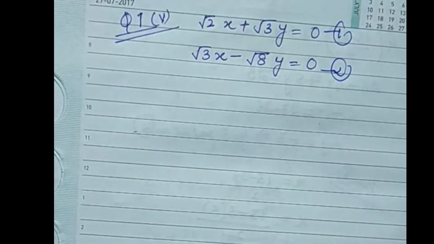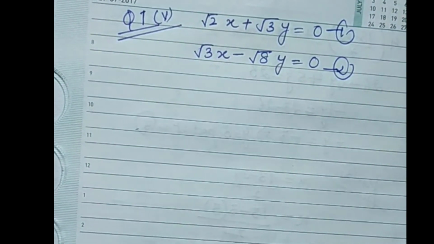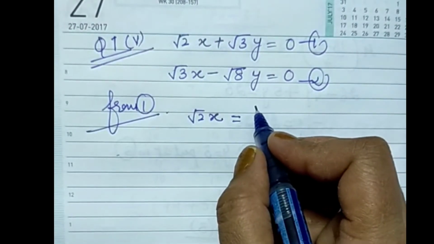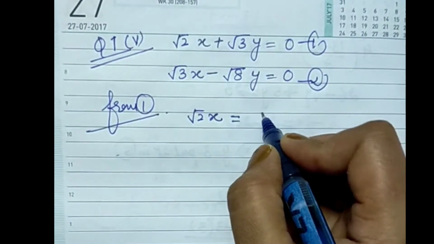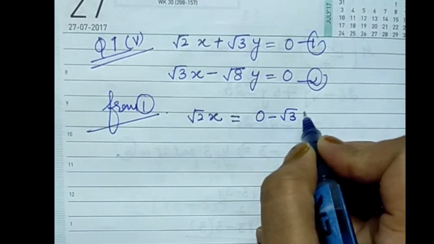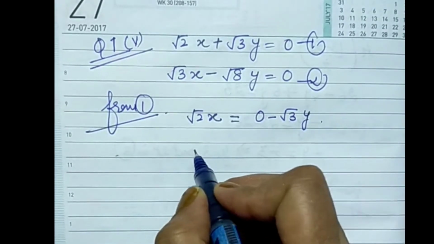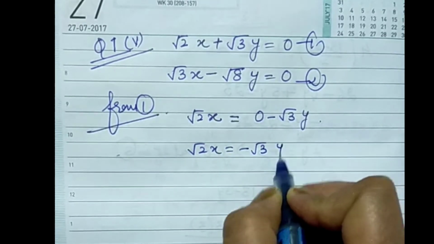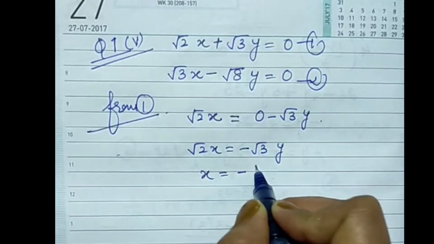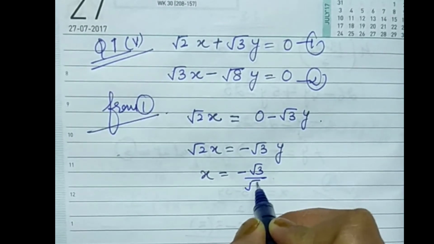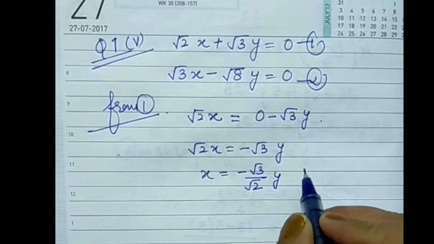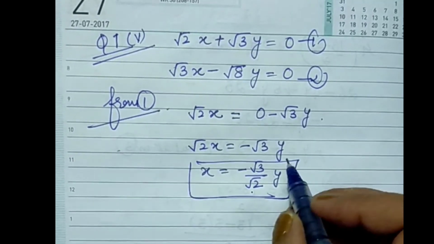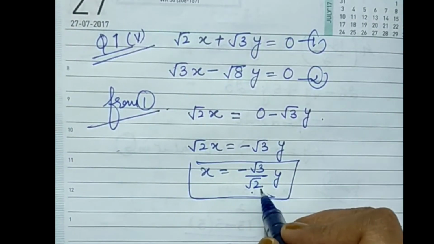So we can take the substitution value from any of the equations and put it in the other equation. From the first, root 2x is 0 minus root 3y, or you can write root 2x as such minus root 3y, shift root 2 to the other side, and we get the value of substitution as x equal to minus root 3 over root 2 y.